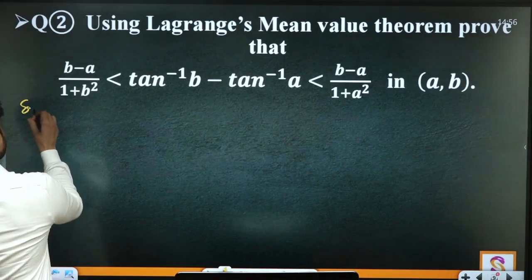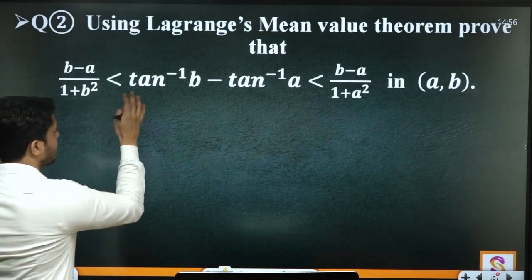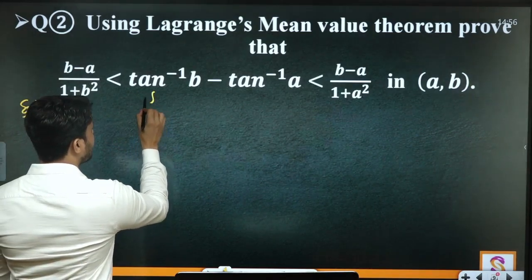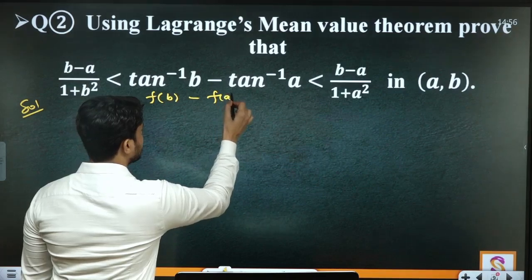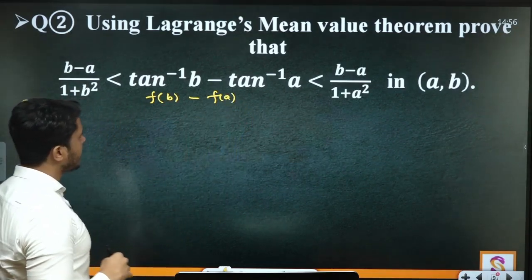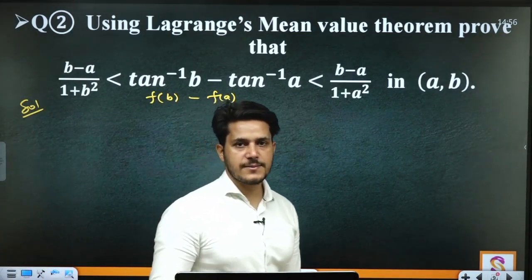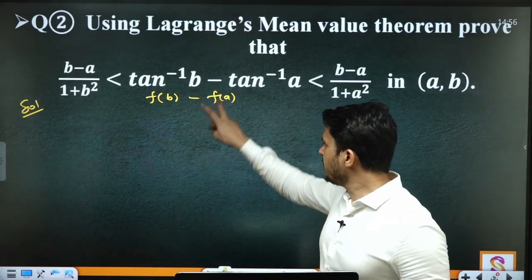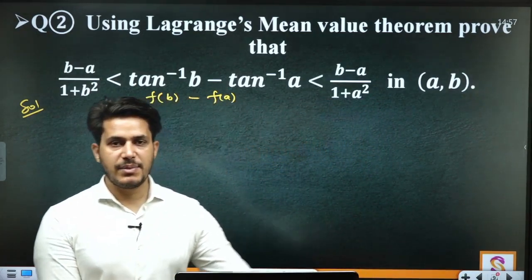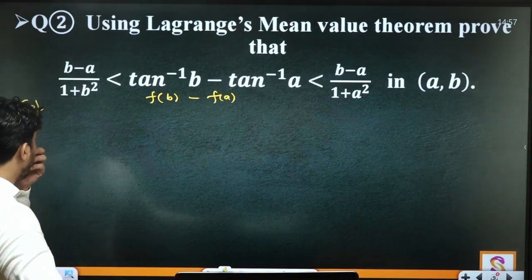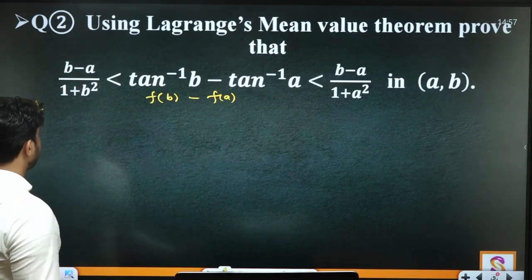Solution. From the given inequality you have to compare it with fb minus fa. Okay, from given inequality you have to convert or compare the middle term to fb minus fa. जो गिवन फंक्शन का बिटवीन टर्म होगा, मिडिल टर्म होगा, वो क्या होगा? fb minus fa होगा.